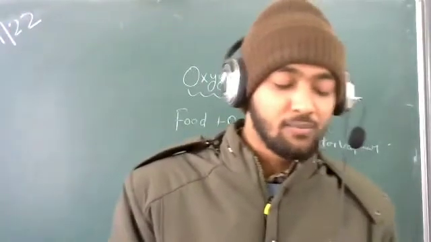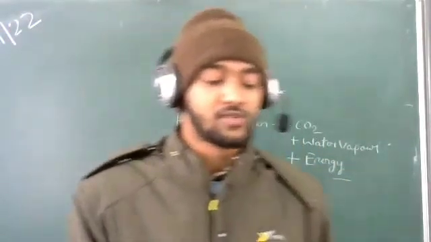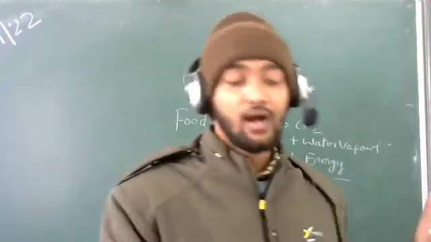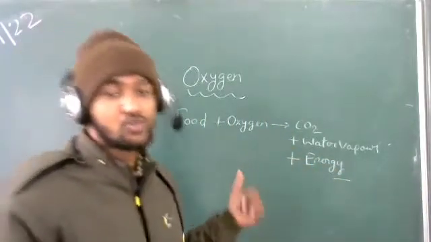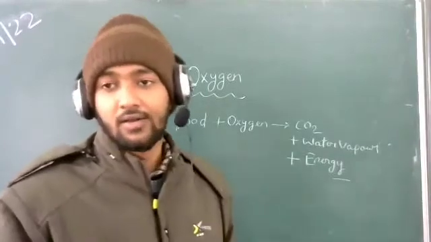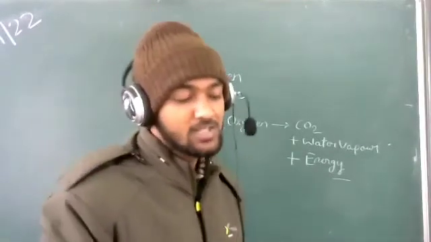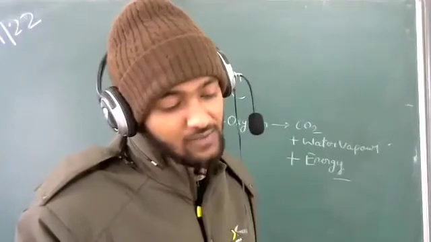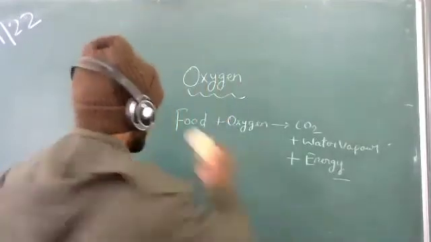Now second, it supports combustion or burning of substances. So we can perform an activity to show that oxygen helps in burning. The activity is given on page number 70, that is activity 2. What we have to do?